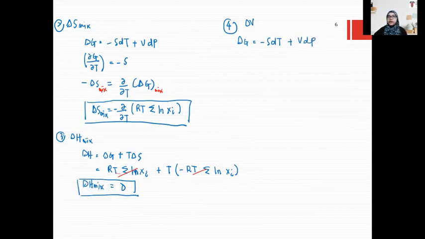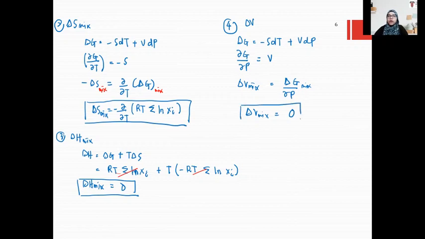For the change of the volume, dou G over dou P equals V. Thus we can obtain delta V equal to dou delta G over dou P. Since the G we have is at constant temperature, if we differentiate RT summation of Xi ln Xi with respect to pressure, the delta V mix equals 0, because it gives us the value of 0.